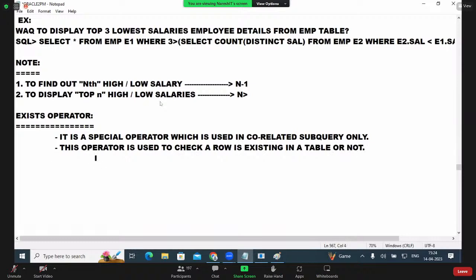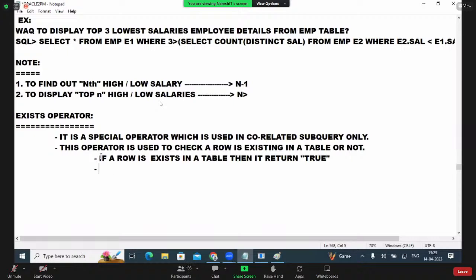Okay. Suppose a row exists in a table, then it returns true.